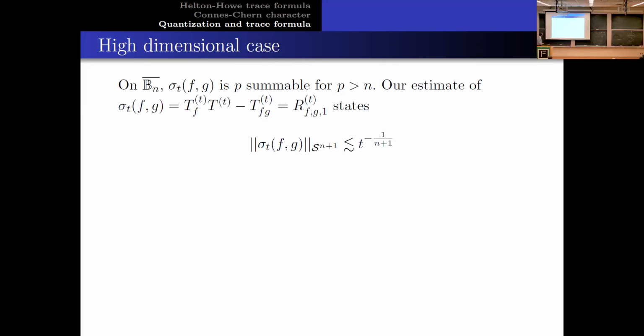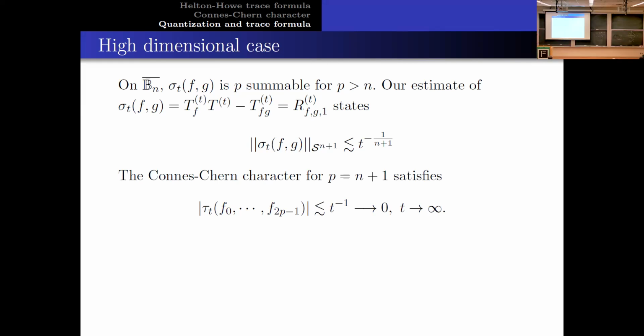Another feature is what we just saw also for the one-dimensional case: we have this decay of the Schatten p norm. Now combine them together. Here we choose p to be n plus 1, because of this bigger choice of p.